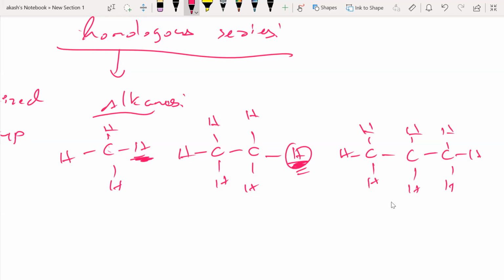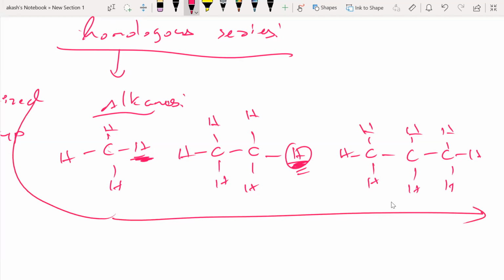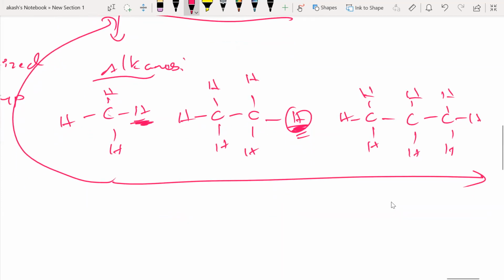Alkane is the family. In the same family, I replace one hydrogen with a carbon and keep on doing like this. This entire series of compounds is what is called your homologous series. Let me tell you one more point: for alkanes, there is a general formula.